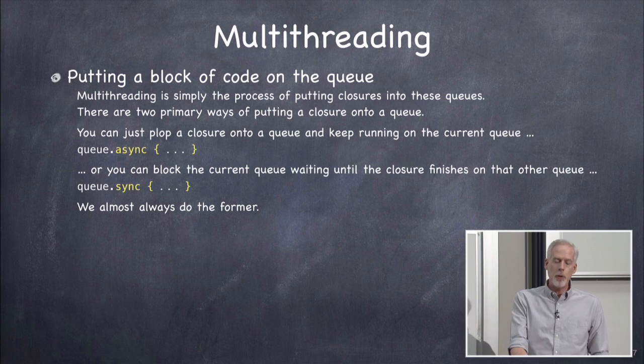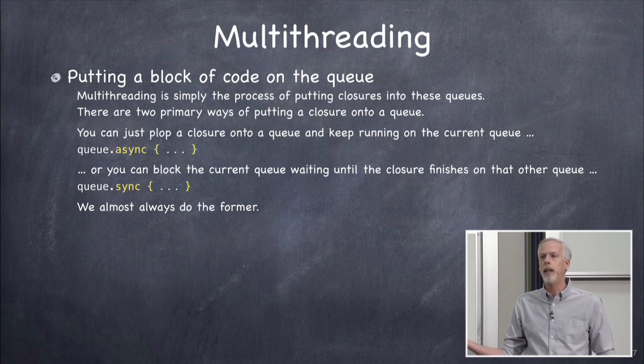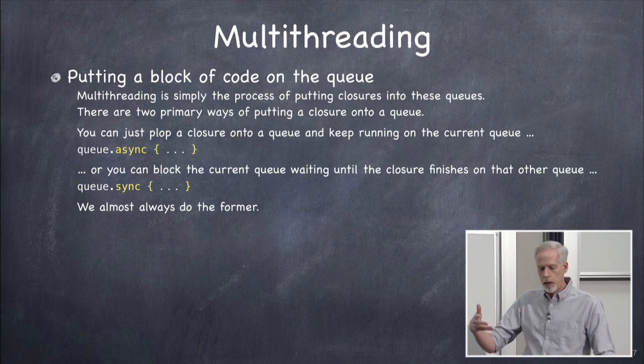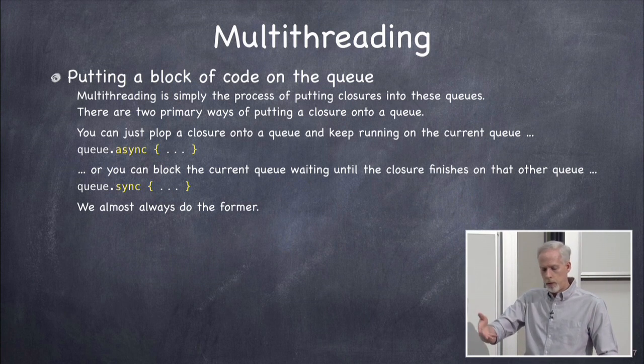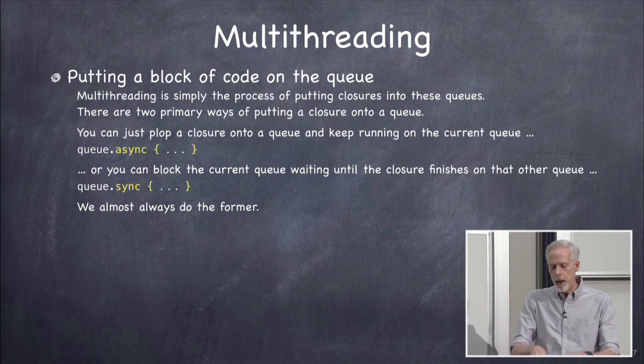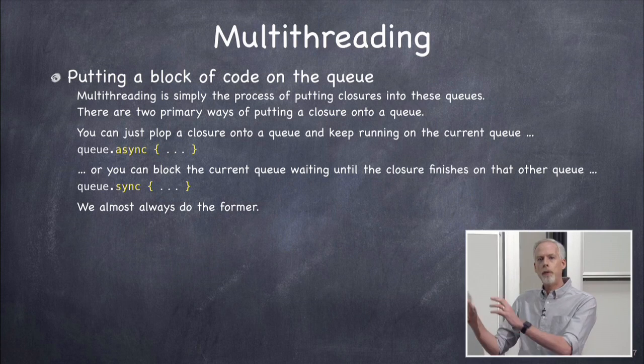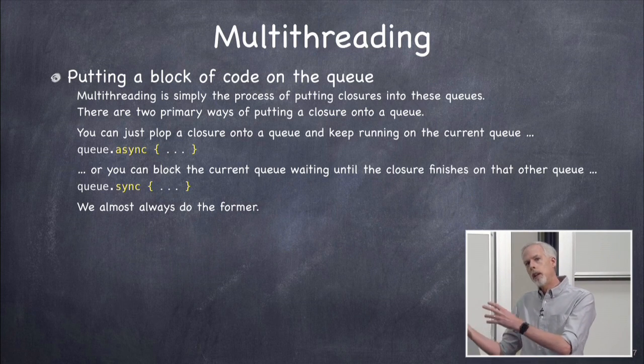Okay, so you would never do sync on the main queue, because we never want to block the main queue. So you would never say main queue.sync anything. But you might have other queues. You could say main queue.sync, but you would say it on another thread, right? You fire off some other thread, running along in the background.